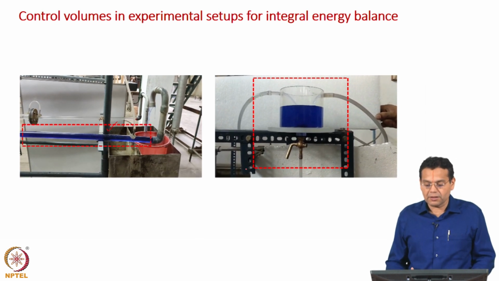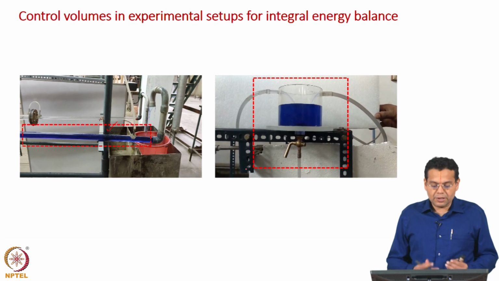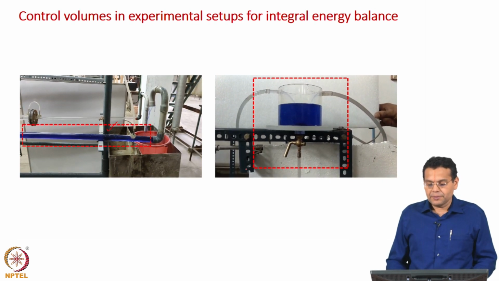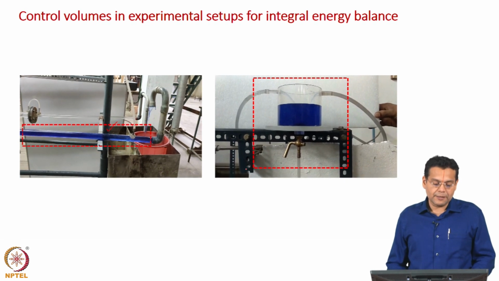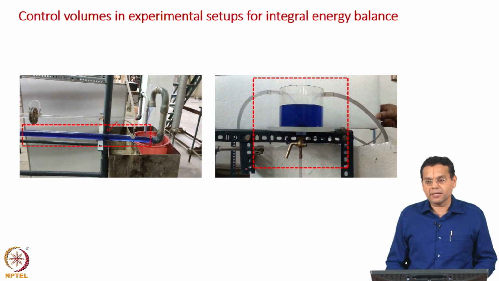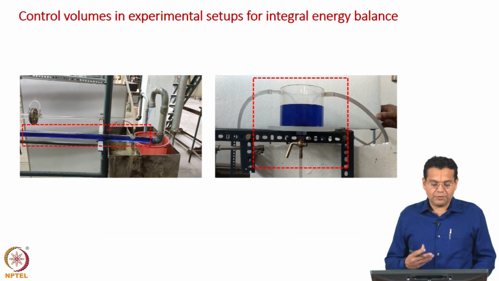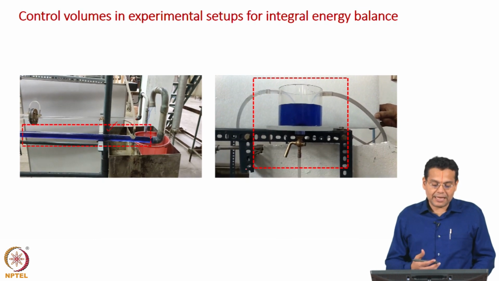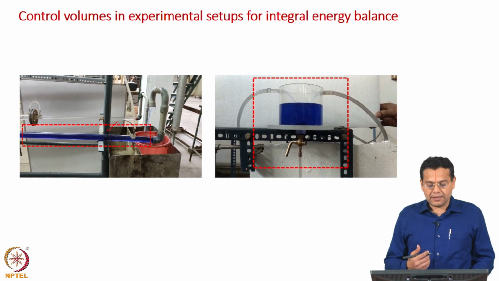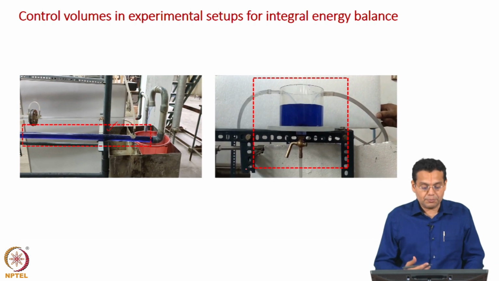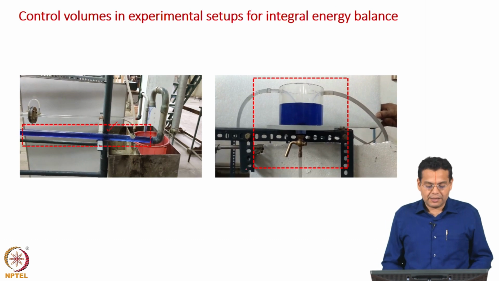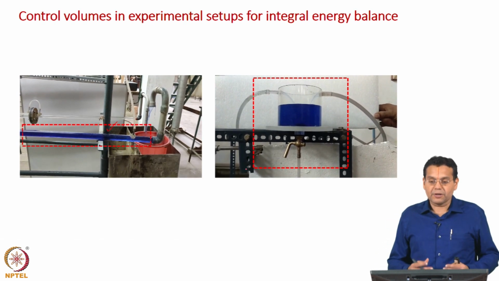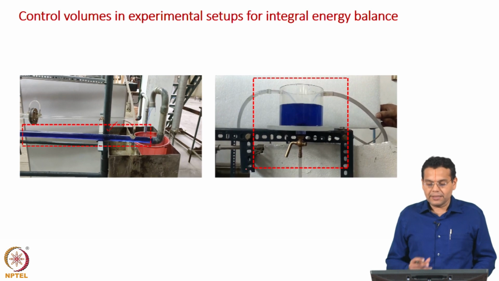Now, third time we are coming across the same setup, doing balance over the entire pipe or the tank, but now we will focus on the energy being carried by the stream. Okay. So, we look at what is, let us say, the enthalpy carried by the stream, the kinetic energy carried by the stream, potential energy carried by the stream. Okay. So, every time when we come back, we look at a different property being carried by the stream.